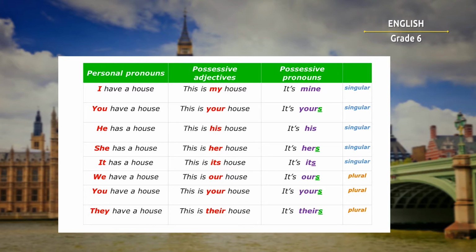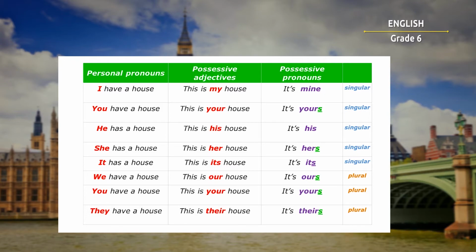To make a possessive pronoun from the personal pronoun, we simply add the ending s to the possessive adjectives. For instance, your to yours, her to hers, our to ours, your to yours, their to theirs.